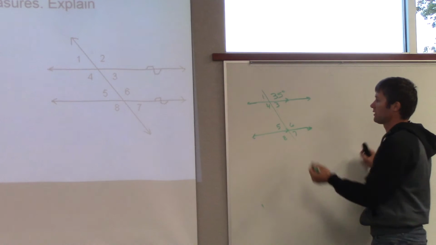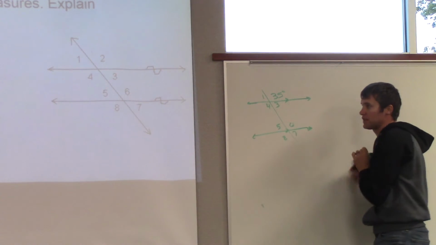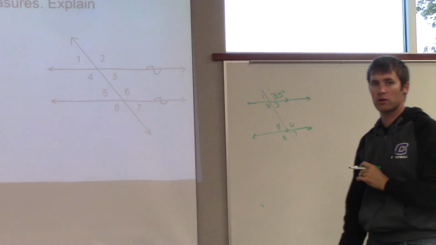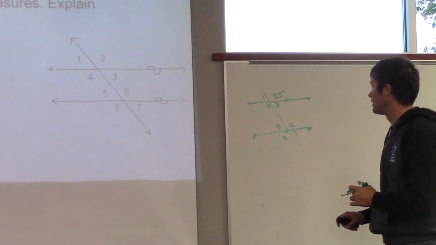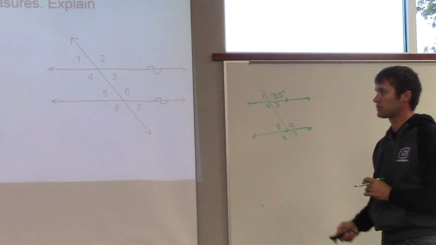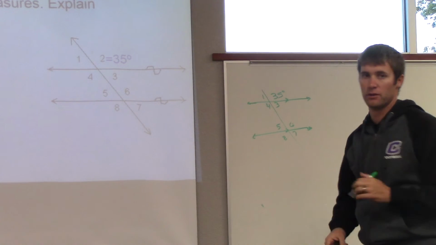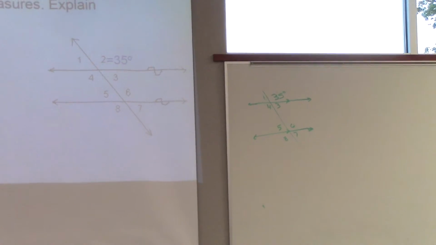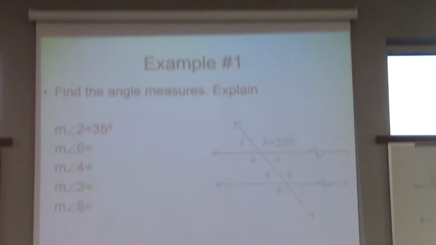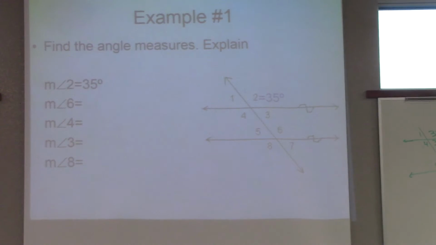Angle 2 and angle 6 are corresponding angles, and corresponding angles are congruent. So angle 6 would equal 35 degrees.